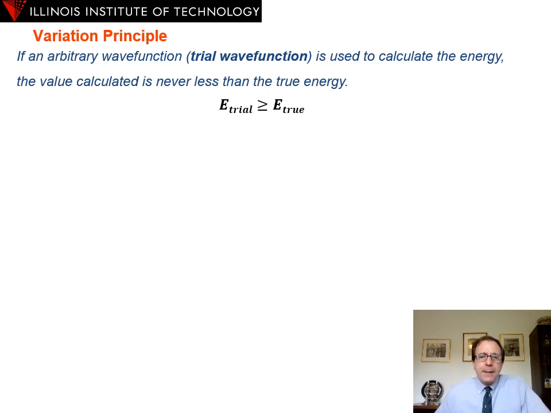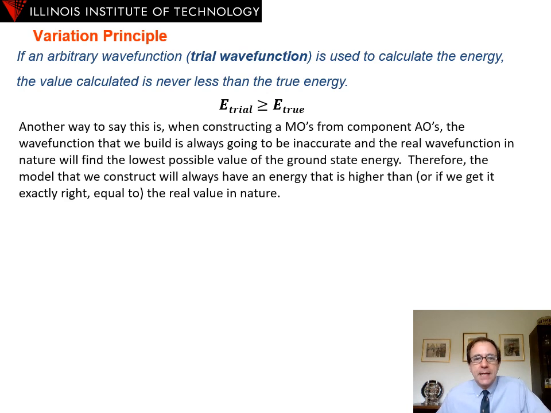So because nature is going to be looking for the lowest possible energy state, that's its motivation, it will always be able to find the lowest possible energy, whereas we, in creating mathematical models, we might not get that lowest energy state. Our approximation might not get there, which means the best we can do is match nature and be equal to it. So I tried to say that in this paragraph.